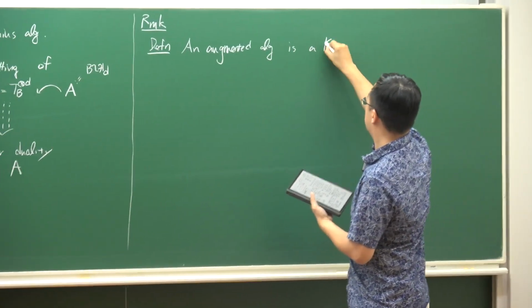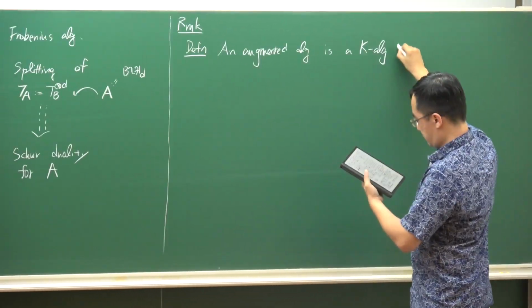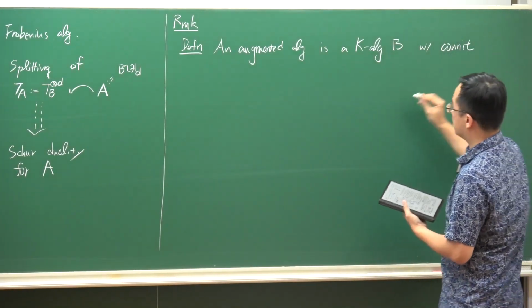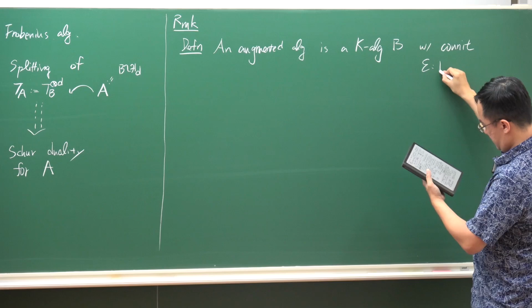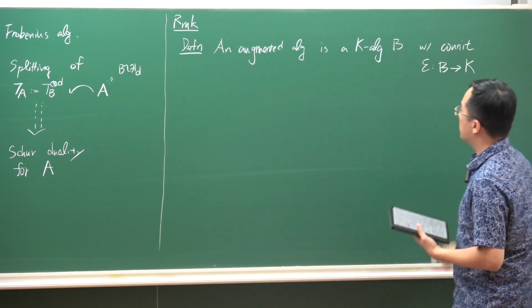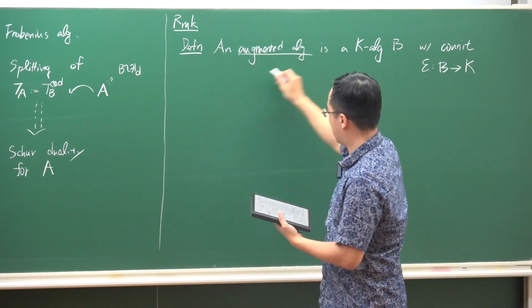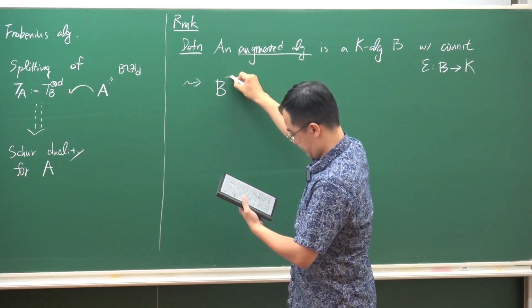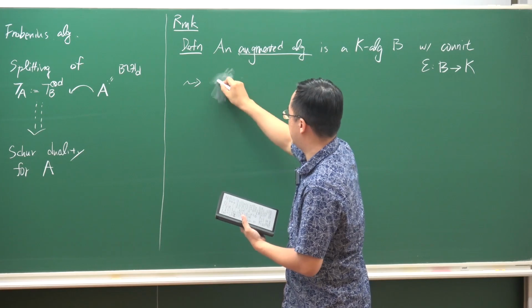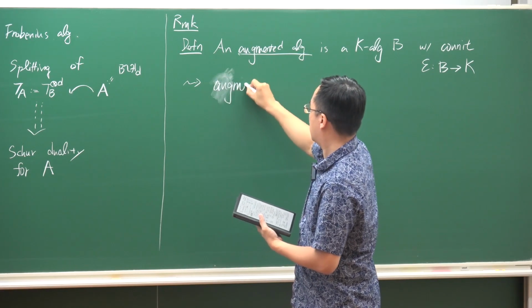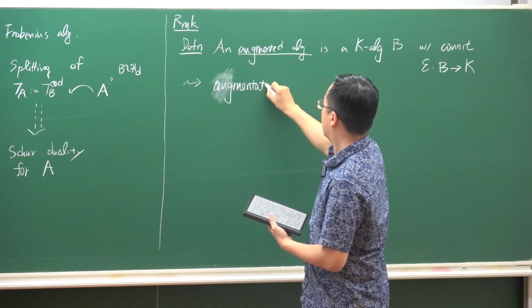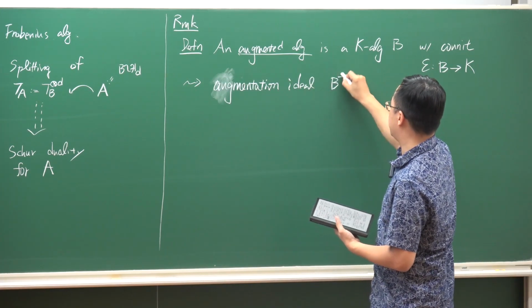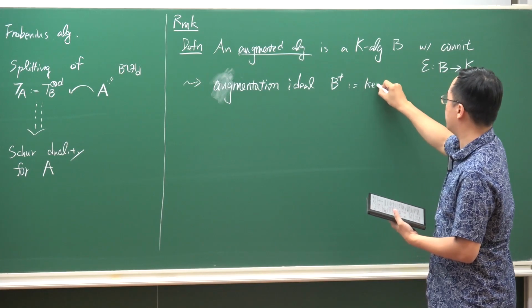This is an algebra over K with a co-unit. And for any augmented algebra, you can define an augmentation ideal, B plus. Let me write it down. Which is, by definition, the kernel of this co-unit.